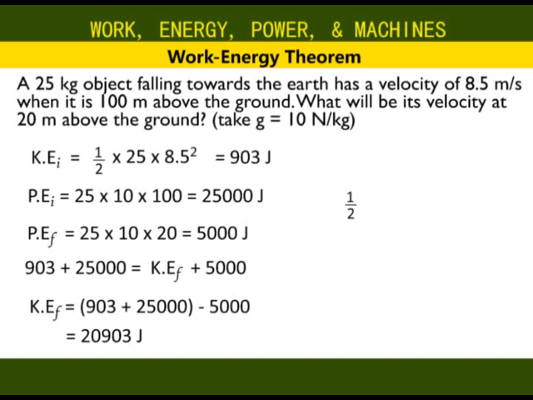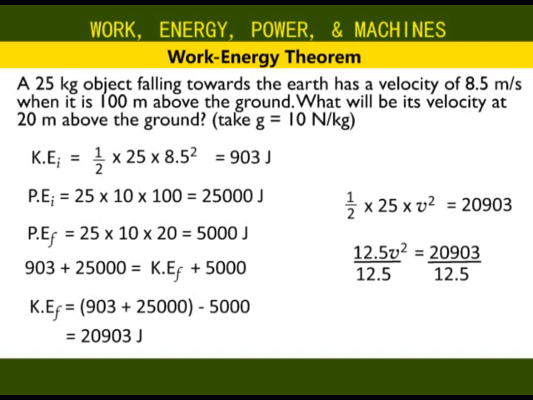A half times 25 times v squared will be equal to 20,903. 12.5 v squared is equal to 20,903. We divide both sides by 12.5, and v squared is equal to 1,672.24, making v equal to 40.9 meters per second.